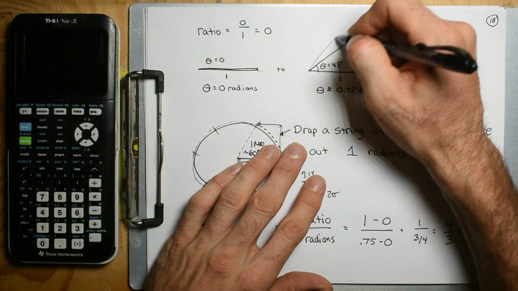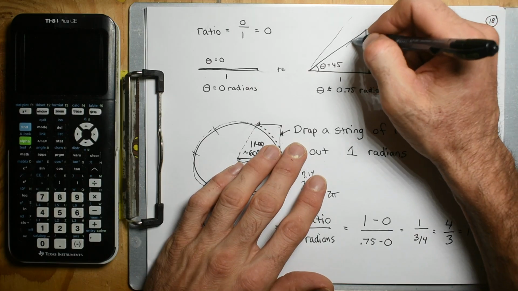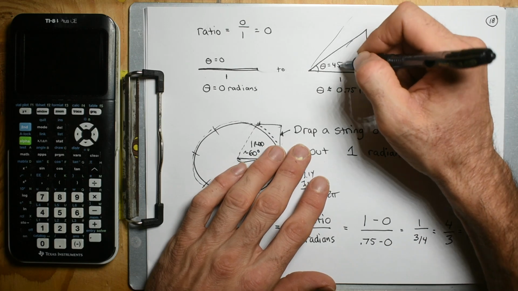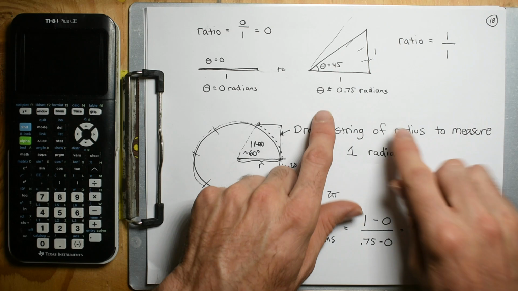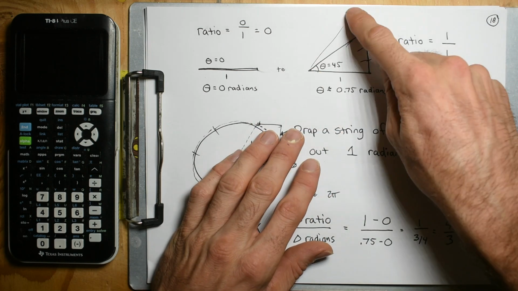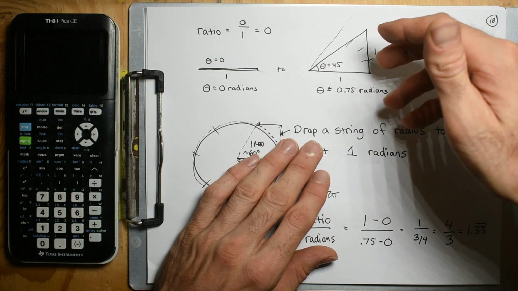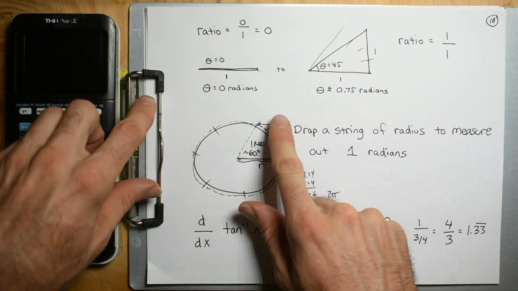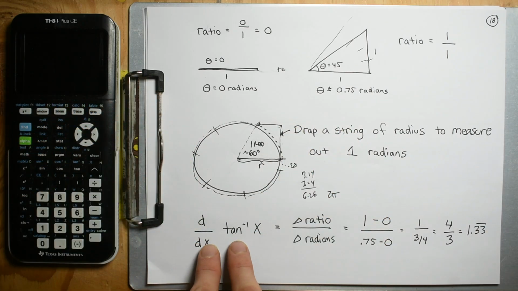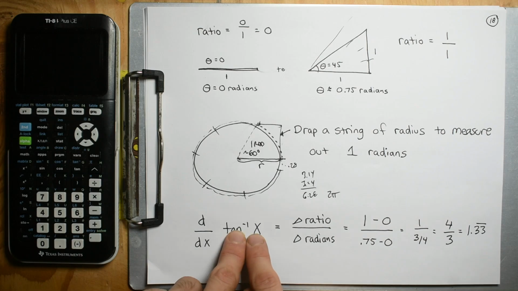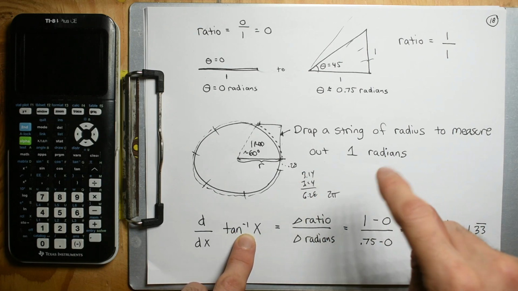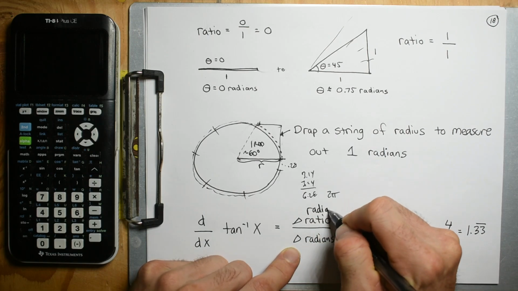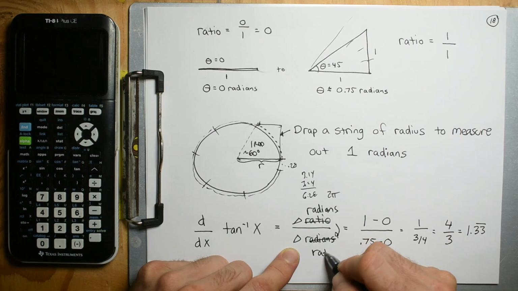You should always know that 60 degrees is 1 radian, 30 degrees is half, so 45 is 0.75 radians. And so this part of it, the change in the angle, goes from 0 to 0.75. See, isn't that crazy? We got this upside down. That's why this one is difficult.